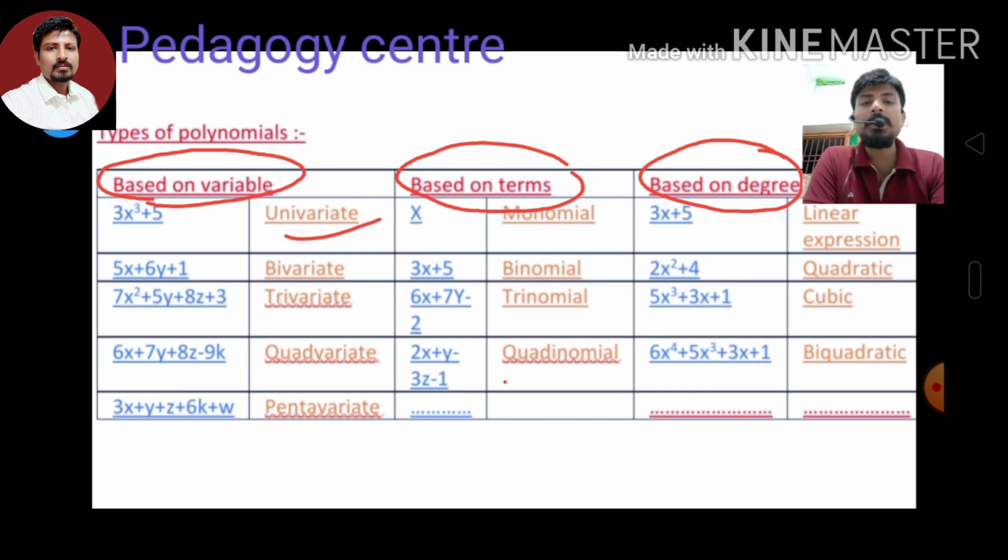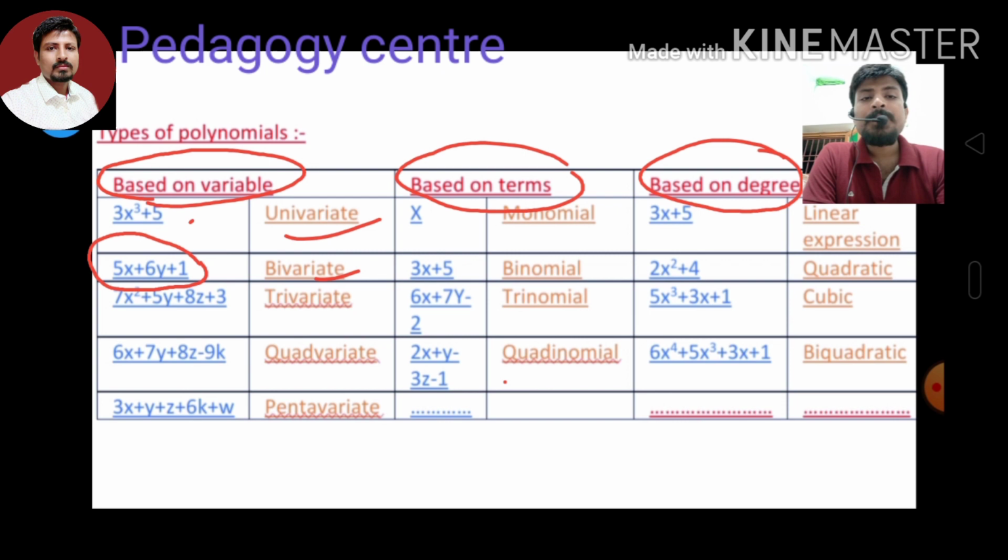For example, 3 into x cube plus 5 is an expression and contains only the variable x, so it is a univariate expression. If an expression has two variables, that is called a bivariate expression. For example, 5x plus 6y plus 1 contains two variables, x and y.